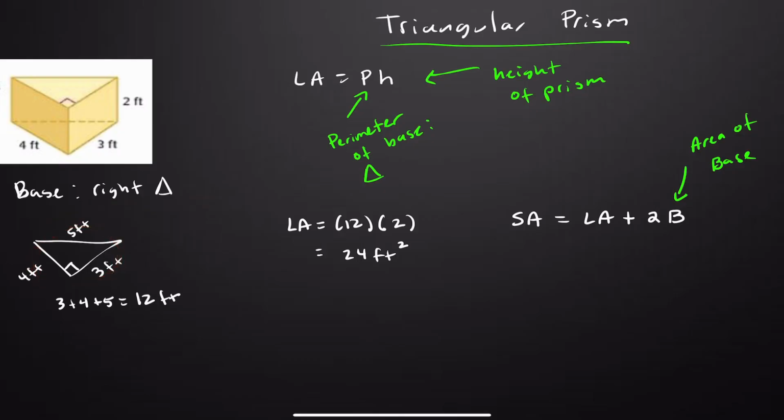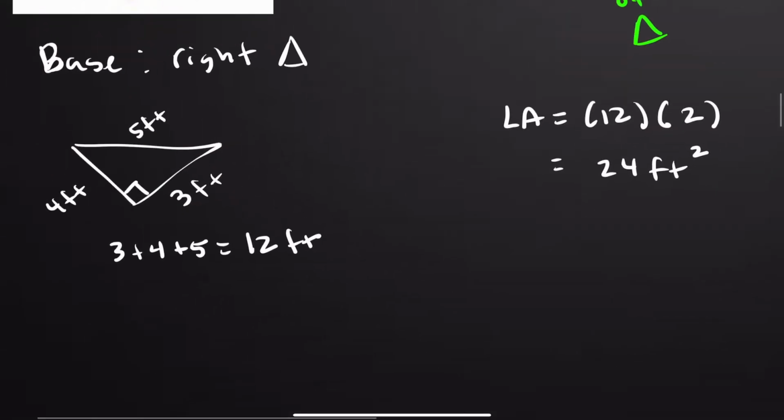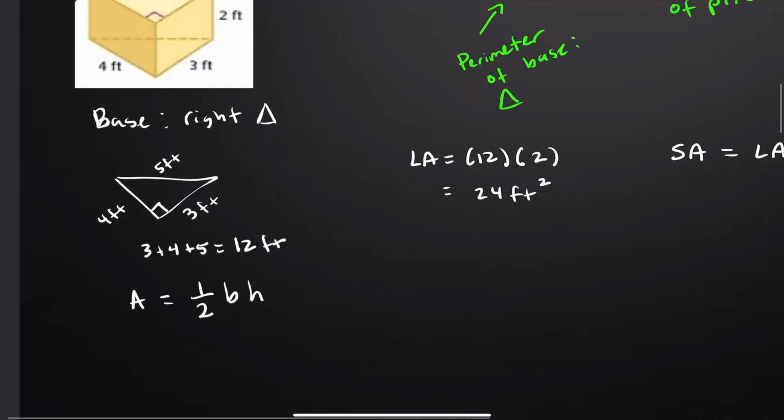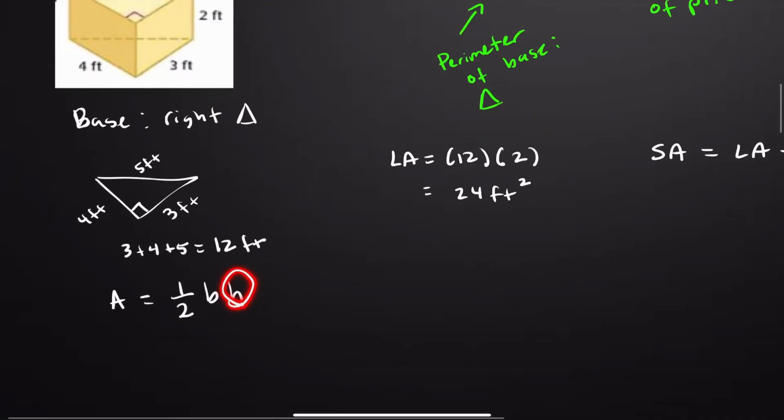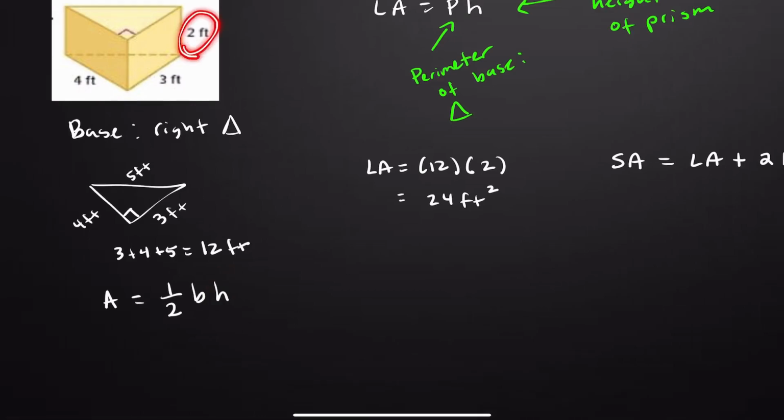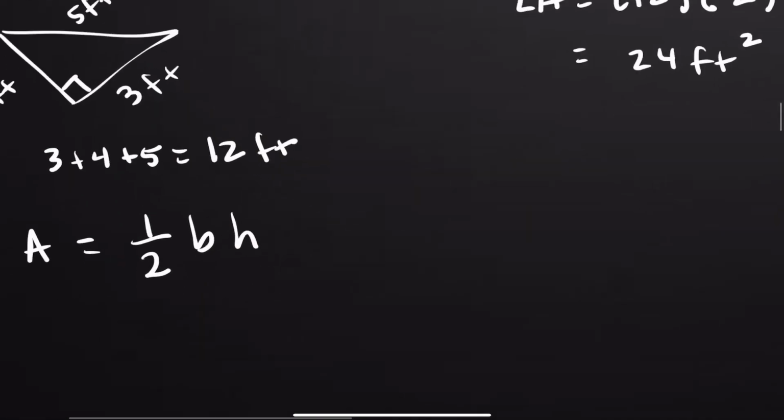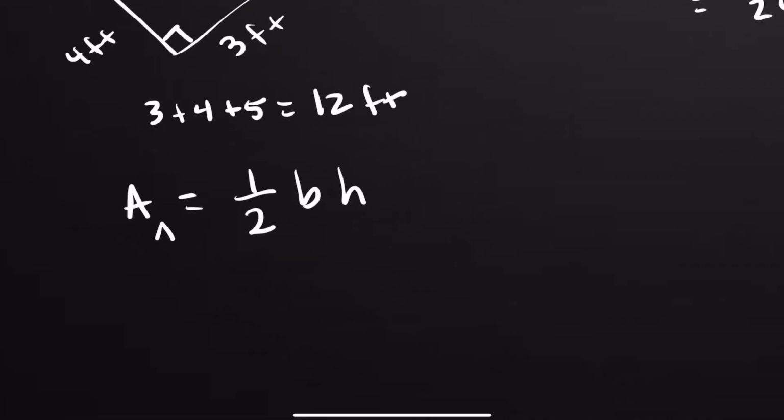So the base of the figure is a right triangle, and I'm trying to find the area of this right triangle. Right, so what's the area formula? Well, it's A equals 1/2 base times the height. Now, not to confuse you, this h here is not the height of the prism. I'm talking about the height of this triangle that is our base.